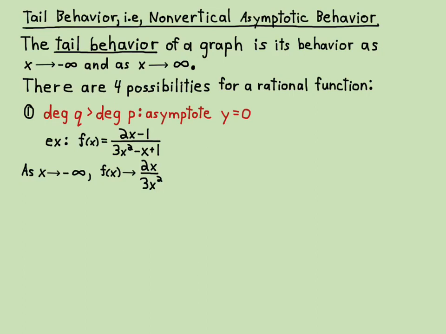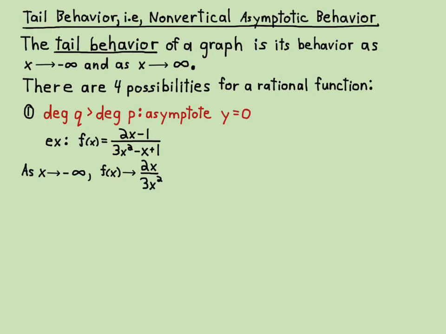So the minus x plus 1 doesn't contribute very much relative to how much the 3x squared contributes to the size of the number when x approaches negative infinity. And the disparity becomes even greater the further out towards the left side of the number line. The further you go towards negative infinity, the less the minus x plus 1 matters.